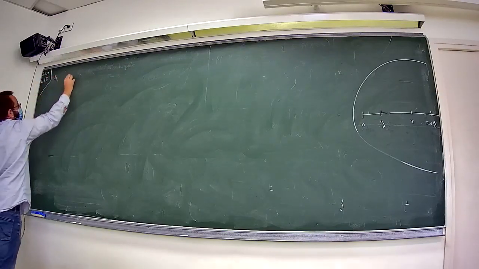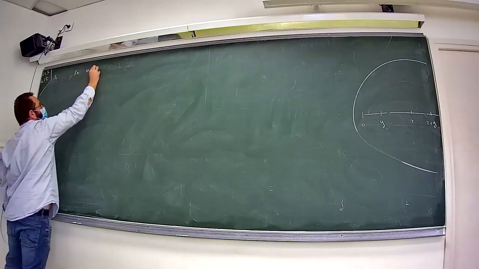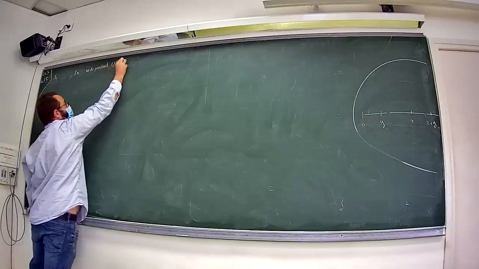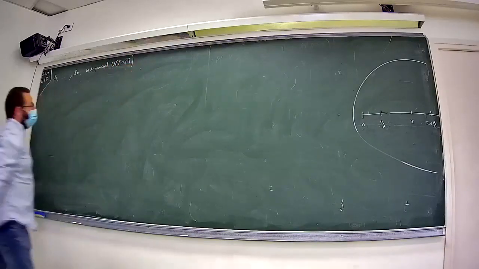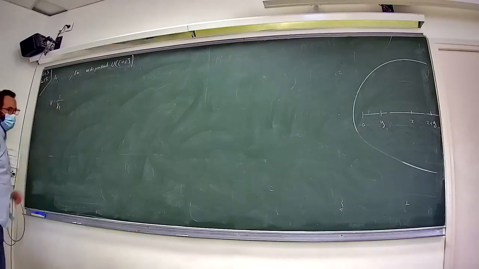I have X1 to Xn that are independent uniform on the interval 0, 1. First question, I am interested in V that is equal to 1 over Xn.